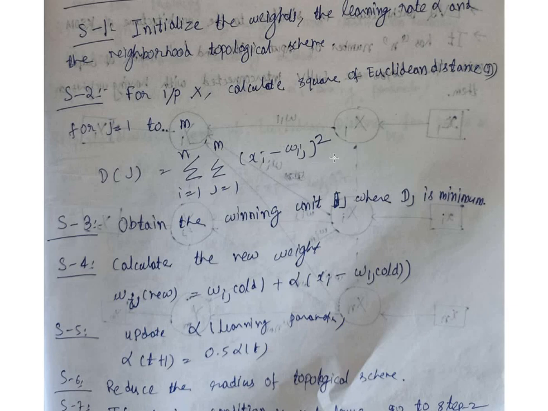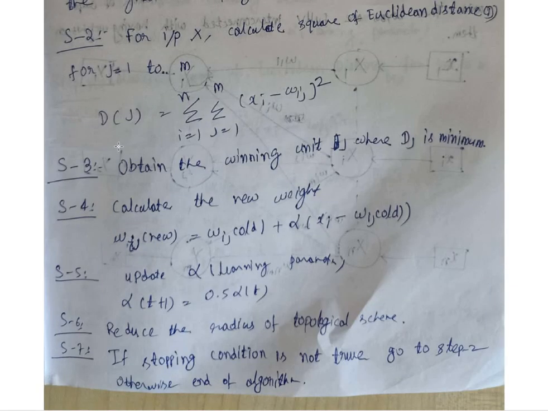So the xi value minus the corresponding weight whole square, that's the Euclidean distance. And then from this, the shortest distance, obtain the winning unit where D(j) is minimum, where the Euclidean distance is minimum, that is assigned as the winning unit.